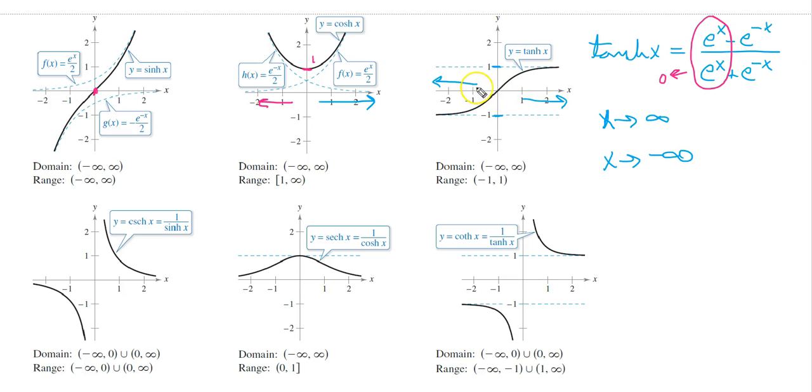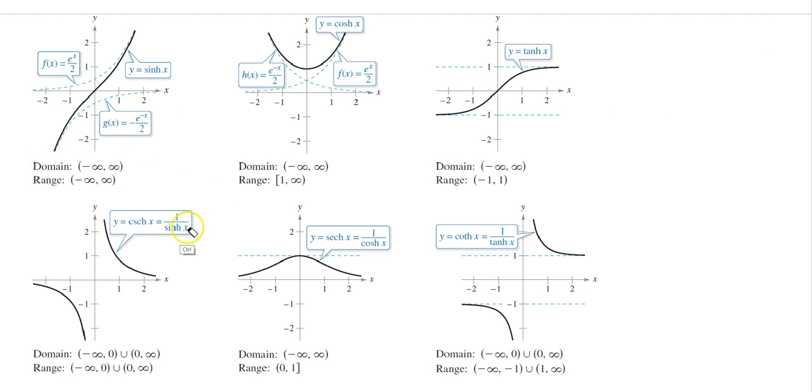And so we see as we move towards negative infinity how the hyperbolic tangent is flattening out at the line y equals -1. So it has a horizontal asymptote at y equals -1 and a horizontal asymptote at y equals +1. So that's the graph of your hyperbolic tangent right here.